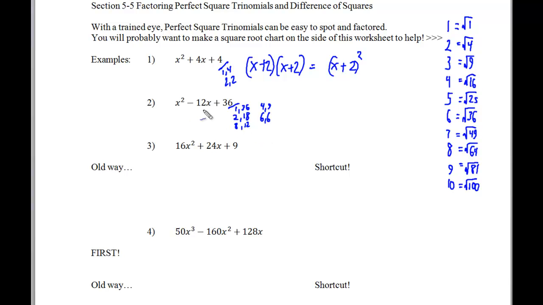Well, the only way to make a negative 12 is to use negatives here for negative 6 and negative 6. So here we have our x minus 6, or rewritten in simplified form, x minus 6 quantity squared. So you'll notice that these two examples both have a situation where we have our answer as a binomial squared, or the two binomials are exactly the same.